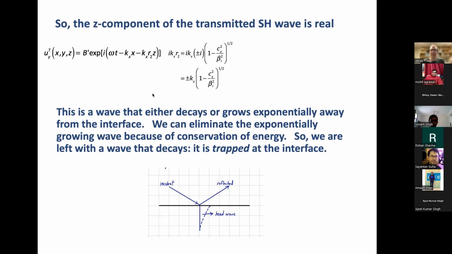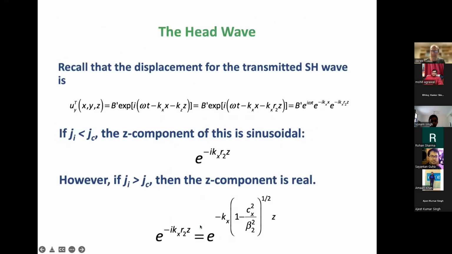So we can assume that the negative value is realistic and the positive value is not. So then we use the negative value. And that gives us a wave that decays. It's trapped at the interface. Here, I've called it a head wave, and it's got an amplitude that varies exponentially with depth from z equals 0 to some value.